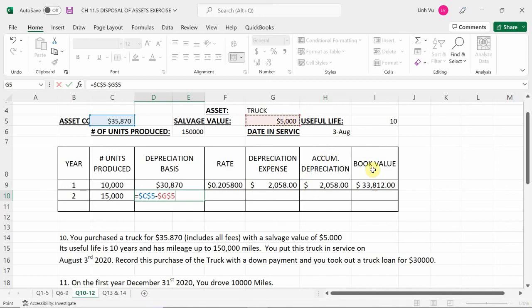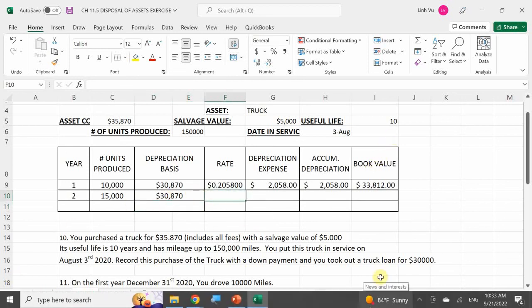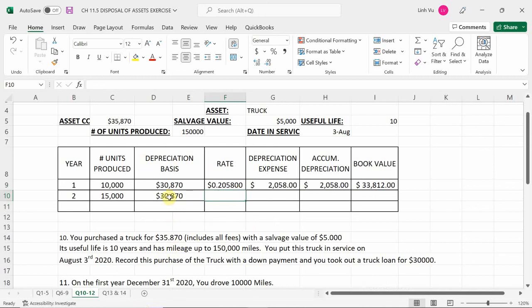If you're going to take your asset cost minus the salvage value. 30,870. Yes. Now, how do you solve for the per unit rate? It would be the same rate. Yes, it would be the same rate because your depreciation basis is the same and you're dividing it amongst the total number of units. So in this case, you are correct. It is the same.